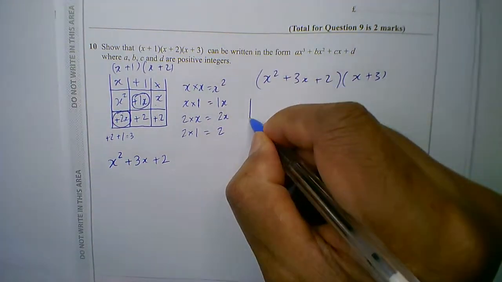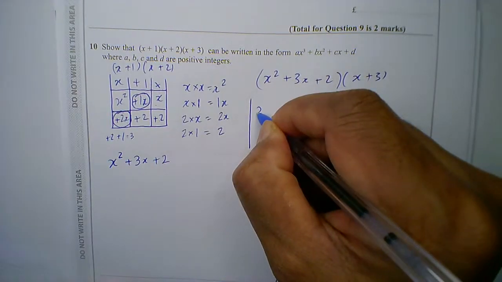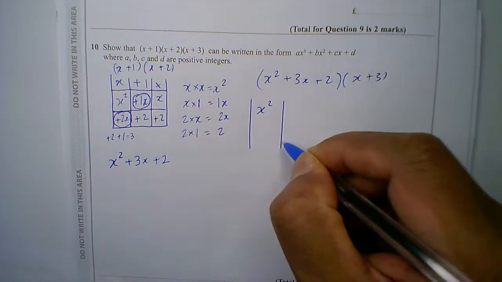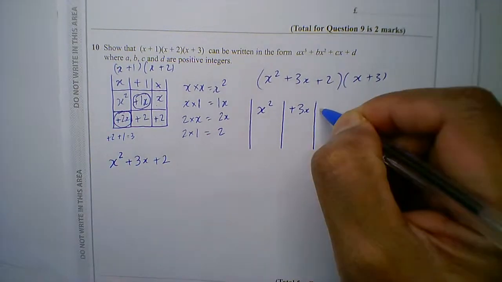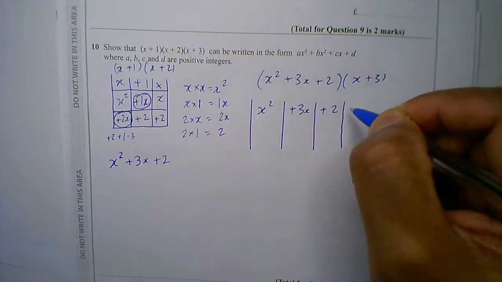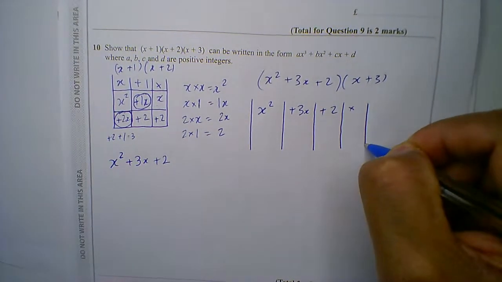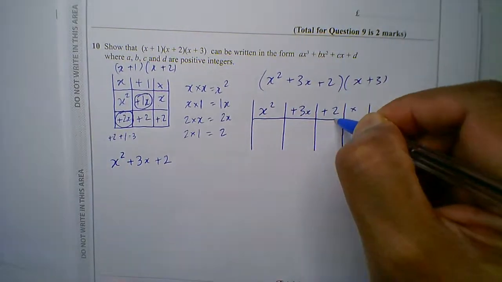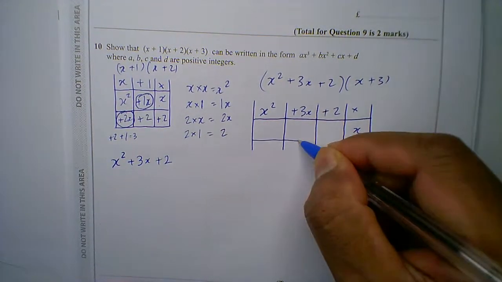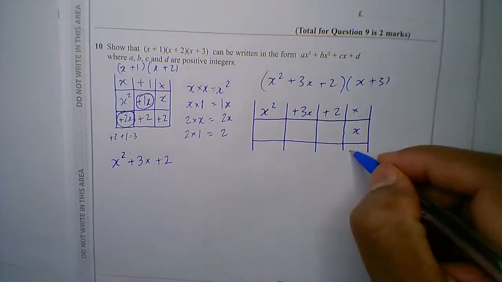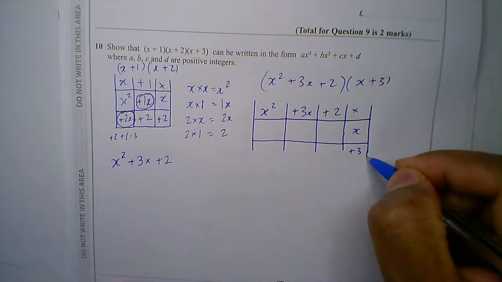So I'm going to have x squared plus 3x plus 2 multiplied by x plus 3.